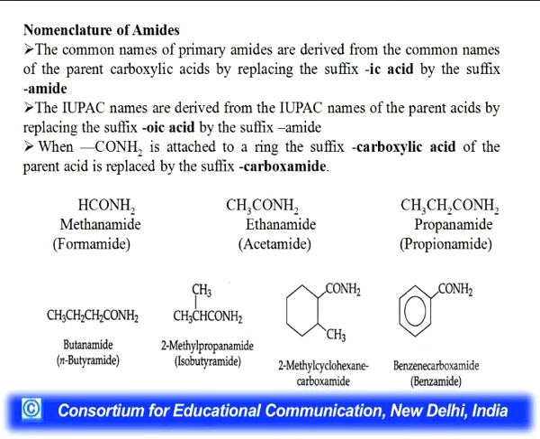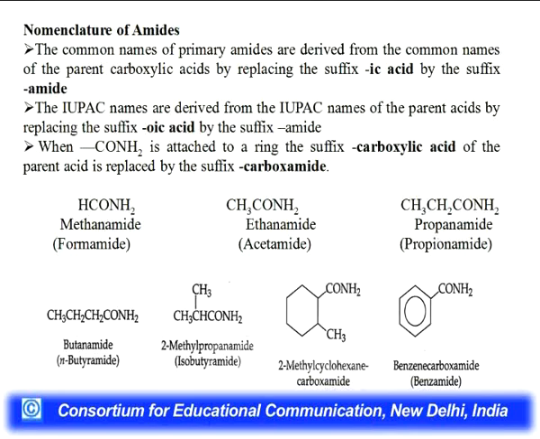Now the nomenclature of amides. The common names of primary amides are derived from the common names of the parent carboxylic acid by replacing the suffix "ic" with the suffix amide. The IUPAC names are derived from the IUPAC names of the parent acid by replacing the suffix "oic acid" with the suffix amide. When CONH2 is attached to a ring, the suffix carboxylic acid of the parent acid will be replaced by the suffix carboxamide.